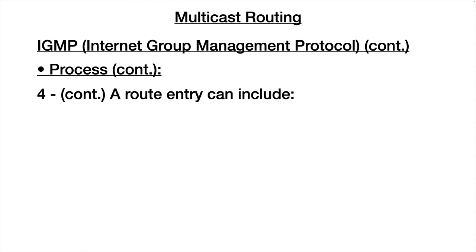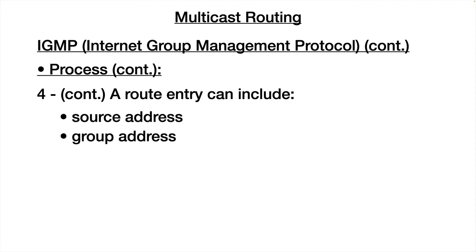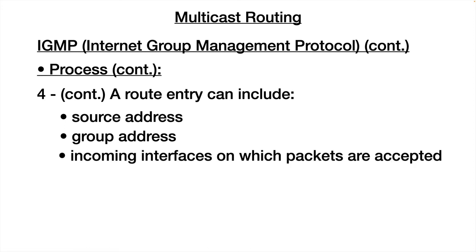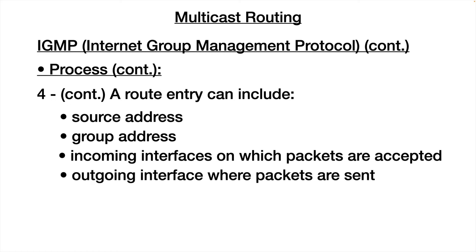Route entries in IGMP can include the source address that sent the update, the group address that it's going to, incoming interfaces on the routers on which packets are being accepted, outgoing interfaces where packets are sent, timers, and flag bits.